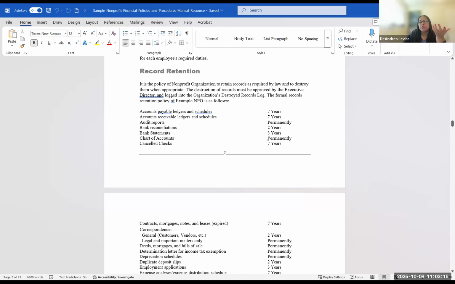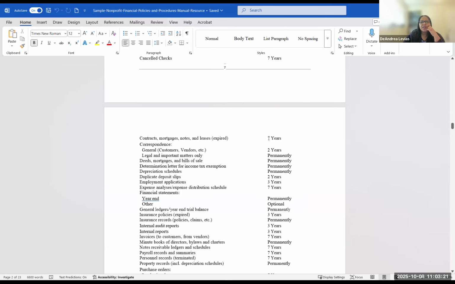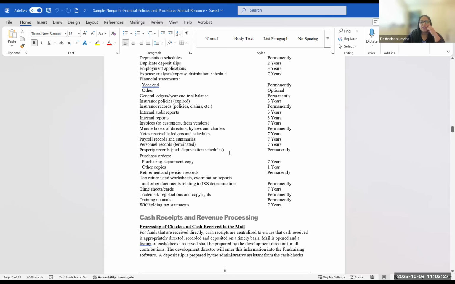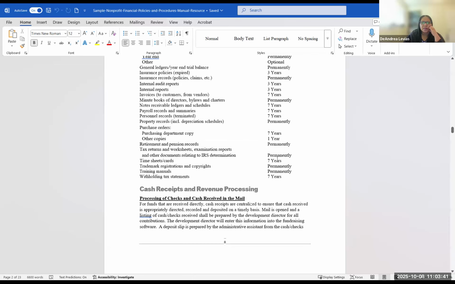But again, for the county, you have to keep those things for 6 years in case they come back. So these numbers that are in here are GAAP requirements. But again, you need to make note of where GAAP and county requirements are different to figure out which one is the longest to make sure that you're keeping stuff the adequate amount of time.